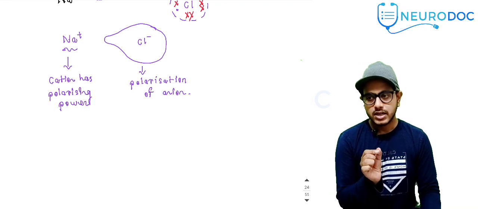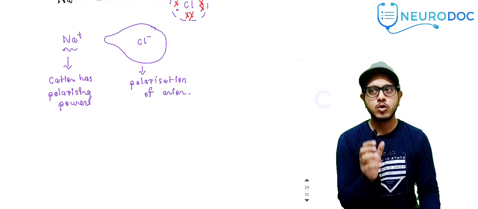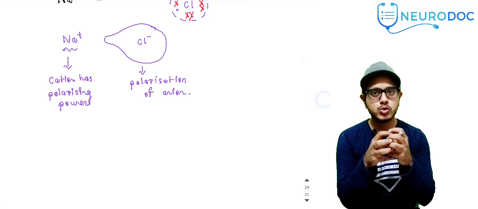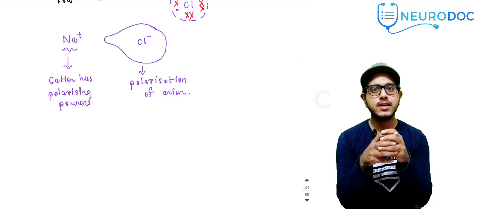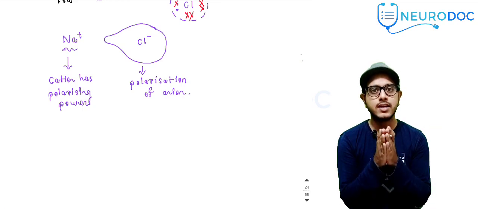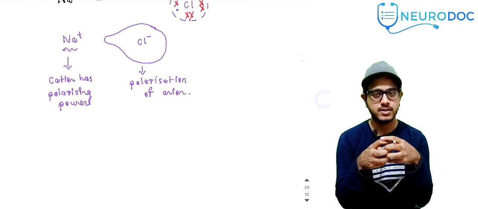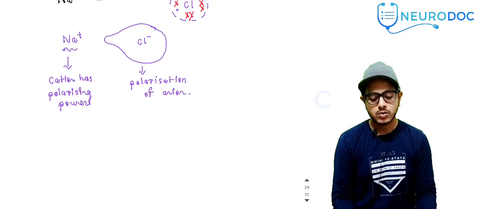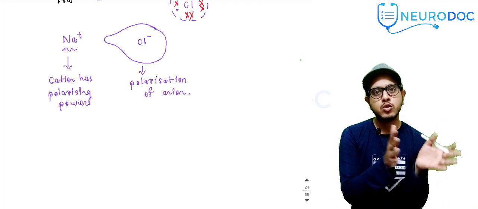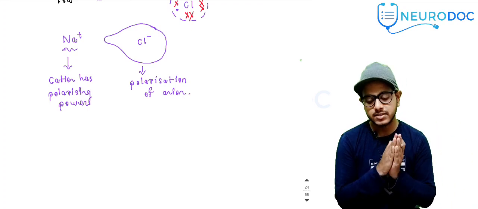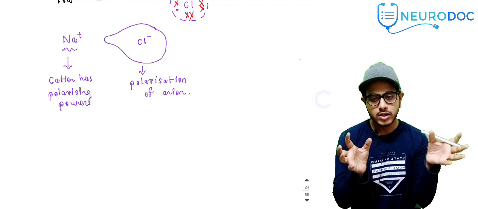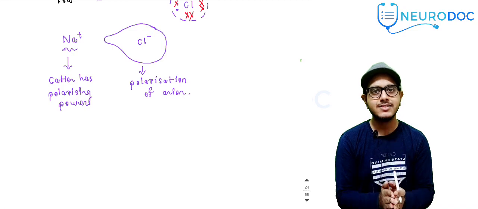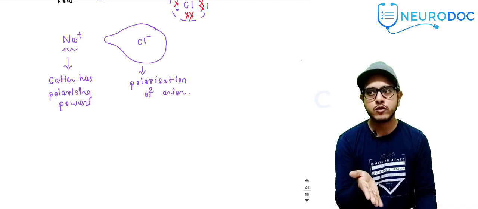Now, as you know, for covalent bond formation, two atoms should come close to each other, then only overlapping of atomic orbitals can occur, then sharing of electron can occur. So when the anion comes closer to the cation, the electronic clouds of both come closer to each other, and there is more chance for sharing of electron.